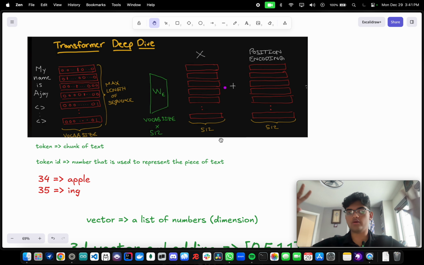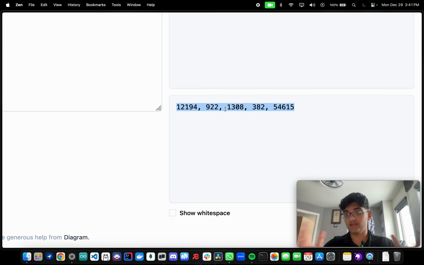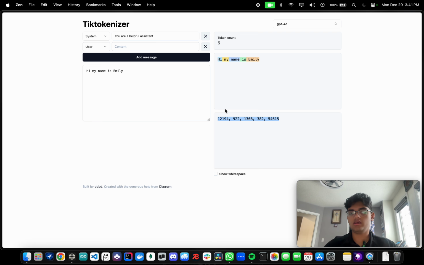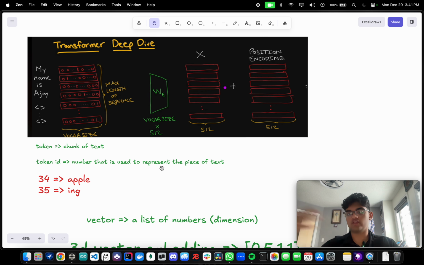So you have 100,000 unique symbols, which are these token IDs. You don't need to think of them necessarily as numbers, but rather as unique symbols. Each of these is just a symbol which represents that specific piece of text as a token. And these tokens are what the transformer understands.